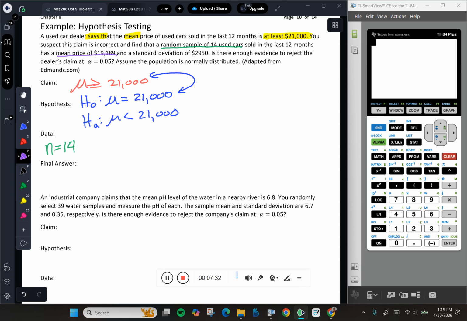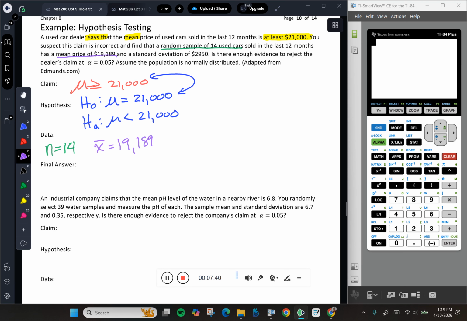I've got a sample mean price, x bar, of 19,189. Okay. I got a sample standard deviation of 2,950, and I got an alpha level of, oops, got ahead of myself there.